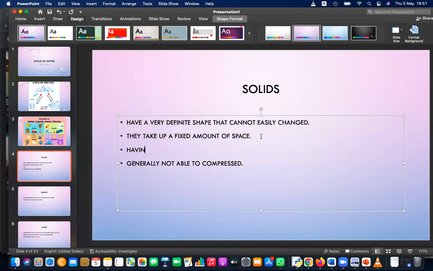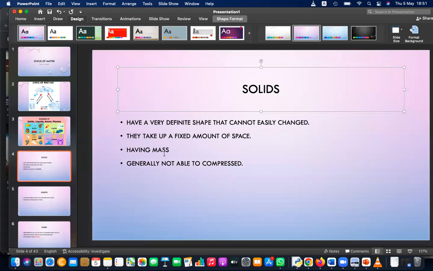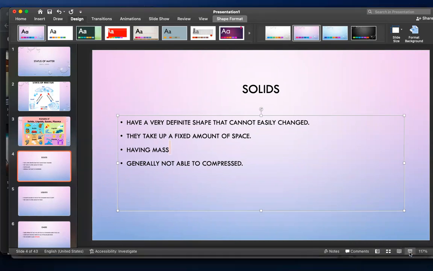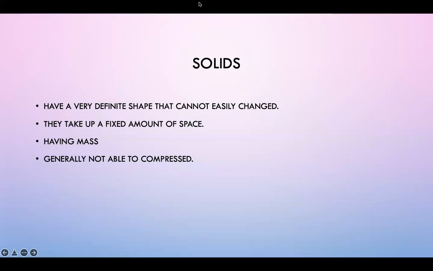It has mass also, but this is common to all three: solid, liquid, gas all have mass, and they take space. So there's no need to write it down repetitively. That's why I skipped it. Please add that as well. It has a definite shape, having mass and taking space.